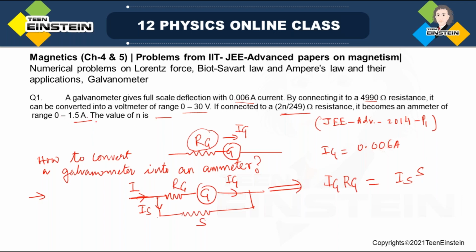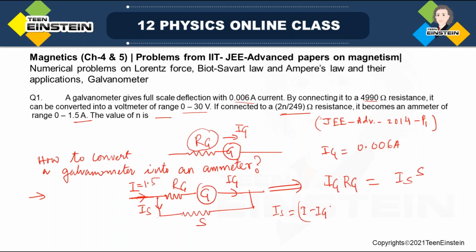Look here, what is this range? Ammeter range. So an ammeter can measure maximum current. How much? 1.5 ampere. So that is actually the main current. 1.5 ampere is I, which is getting divided into two parts, Ig and Is. So I can just write Is as I minus Ig.